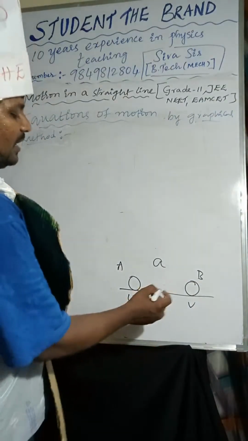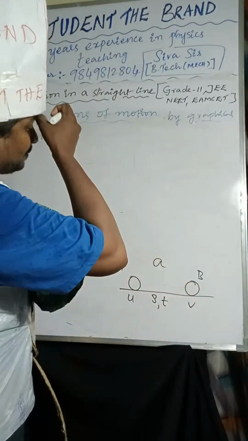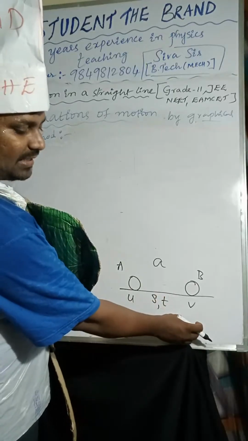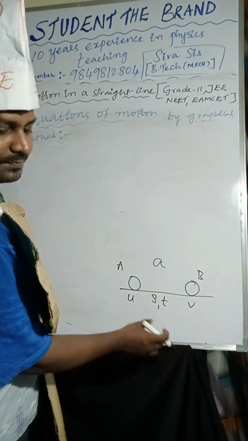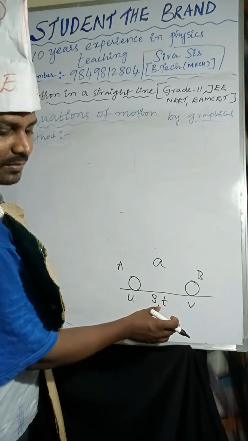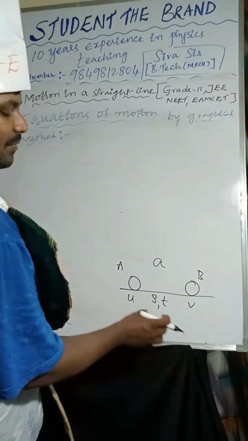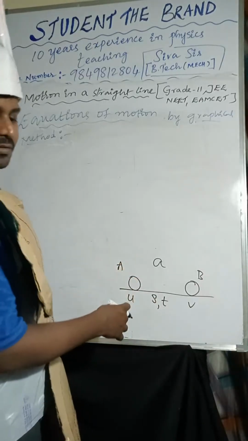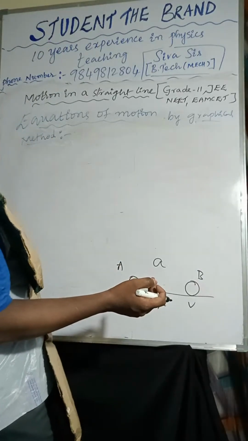Okay, so here I'm considering point A and point B. The object is at position A, and the same object reached point B. So initial velocity u and final velocity v. Okay, we'll discuss that one, the sequence you are asking about, later.